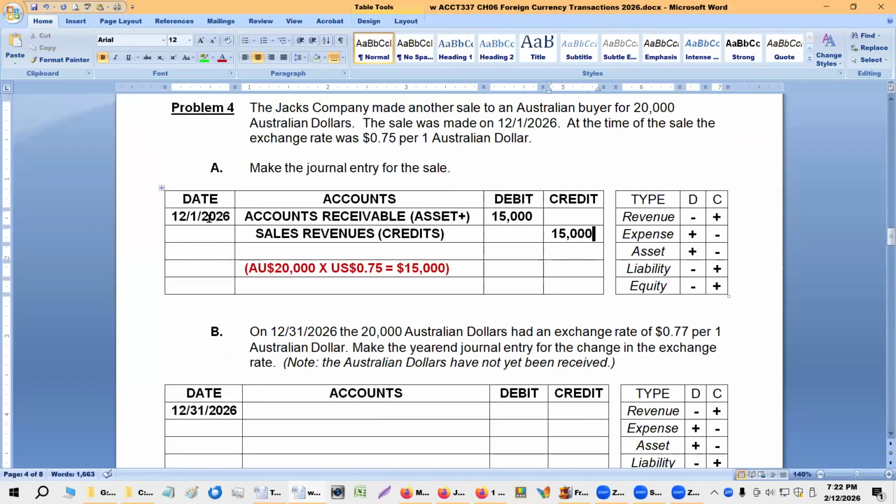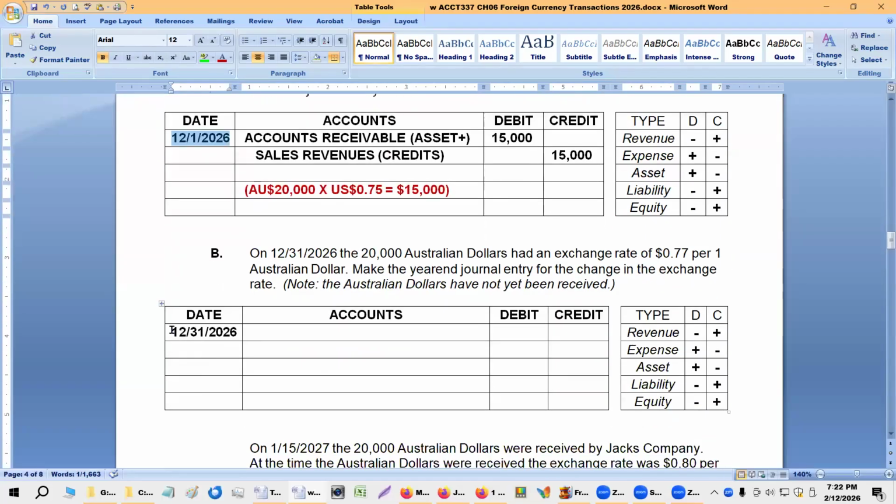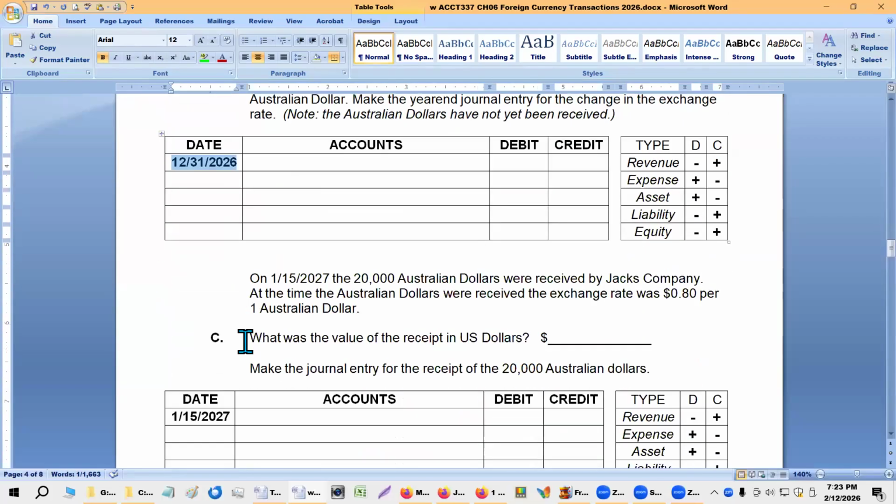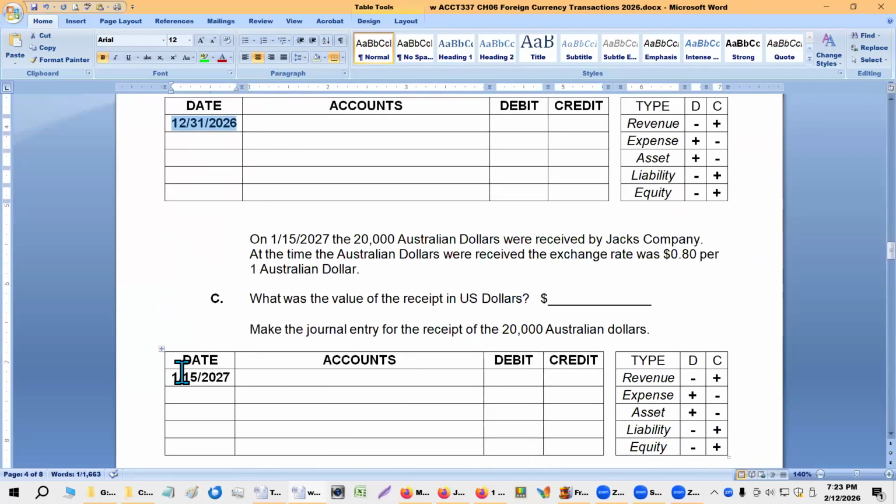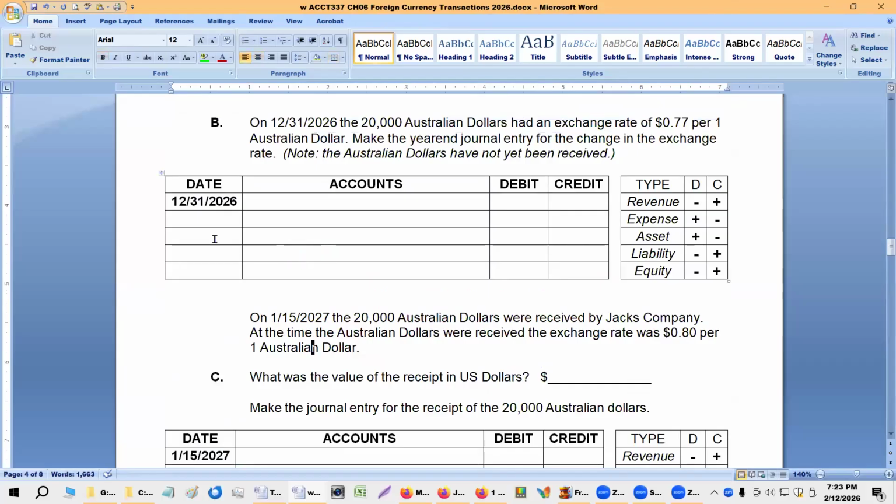Okay, so this sale was made on December 1st. We have not received anything as of the end of the year, and we won't receive it until the 15th of January. So this is at year end.